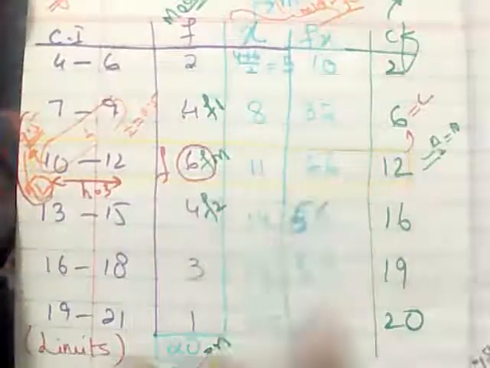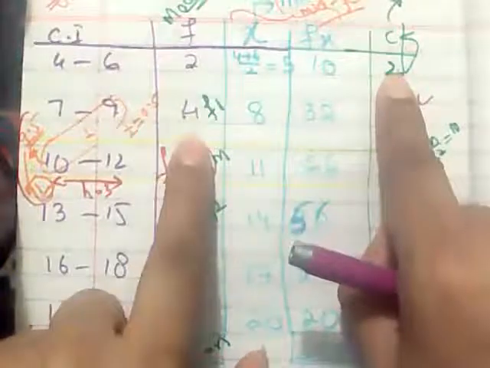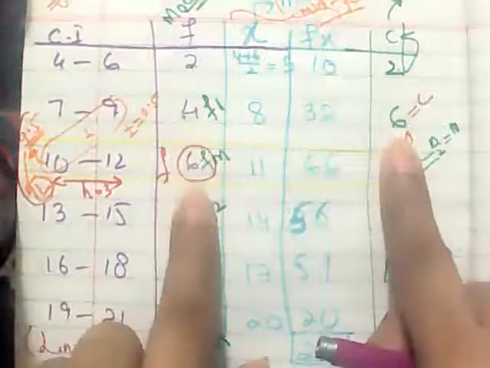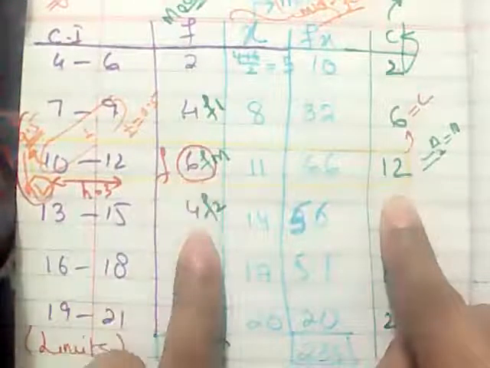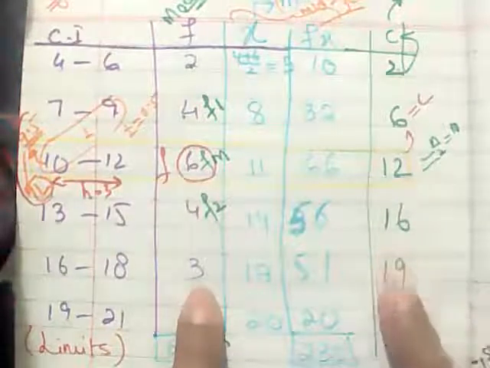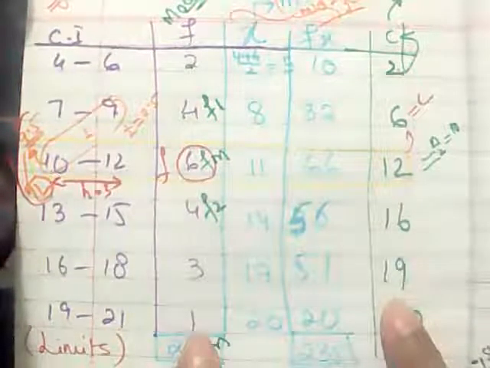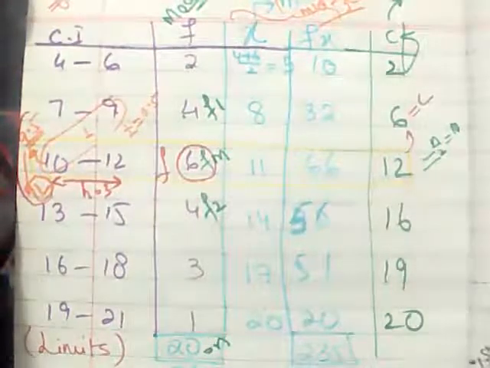You know how to find the CF column, but let's recap once. CF: 2 as it is, 2 plus 4 is 6, 6 plus 6 is 12, 12 plus 4 is 16, 16 plus 3 is 19, 19 plus 1 is 20. In the CF column, we have to find which value? The answer over here was 10. Let's see where 10 comes.